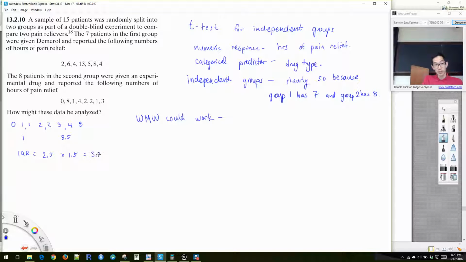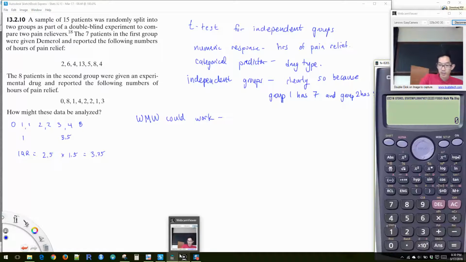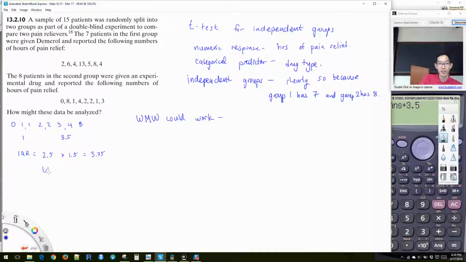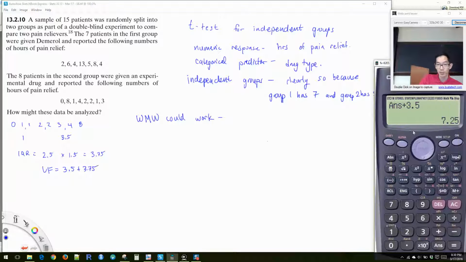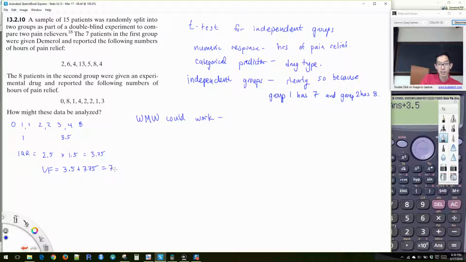Is that right? 2.5 times 1.5, yeah, 3.75. So our upper fence would be at 3.5 plus 3.75, which is 7.25. So technically, 8 is an outlier.